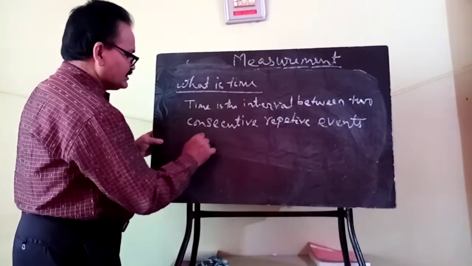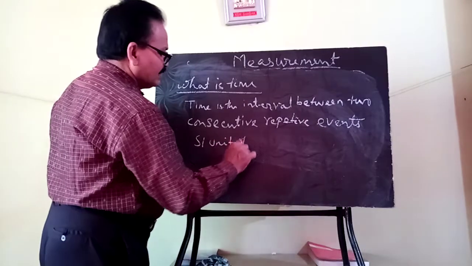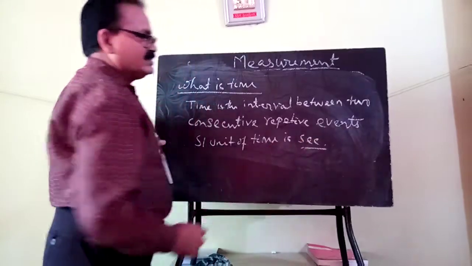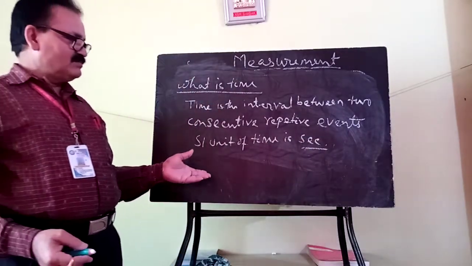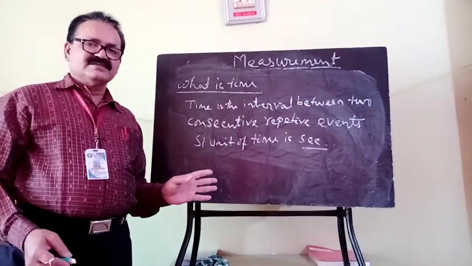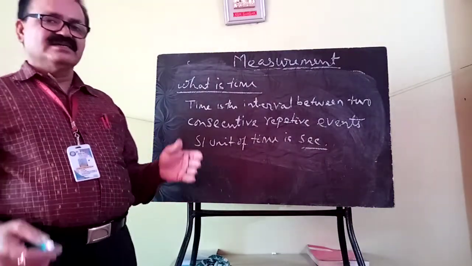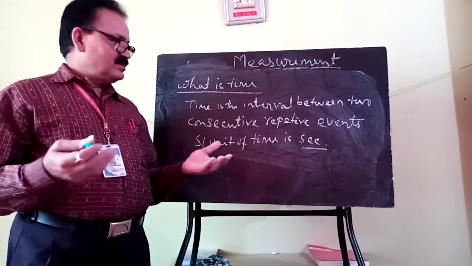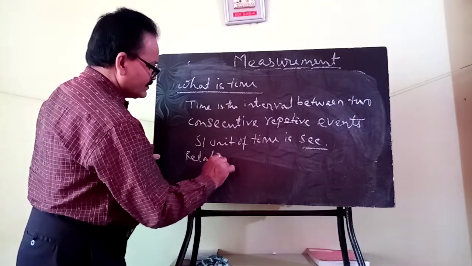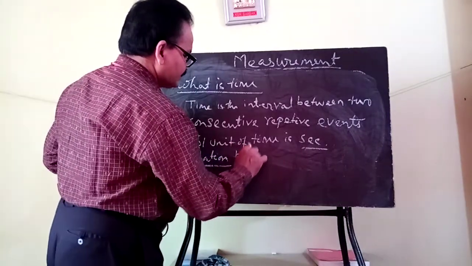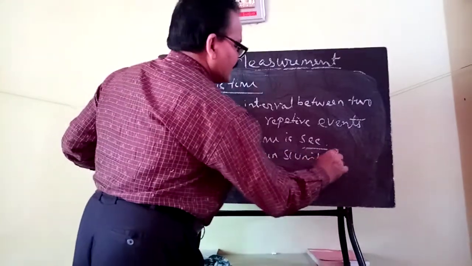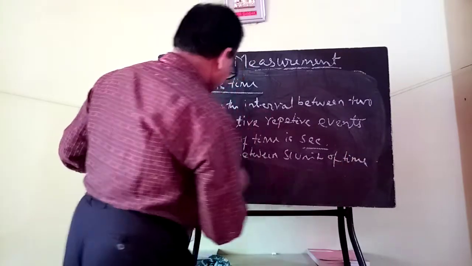The SI unit of time is second. There are other units of time also, but those are not SI units. The SI unit is only second. Other, bigger units, you can say, week means 7 days. Hour: the relation between the SI unit of time and other units.